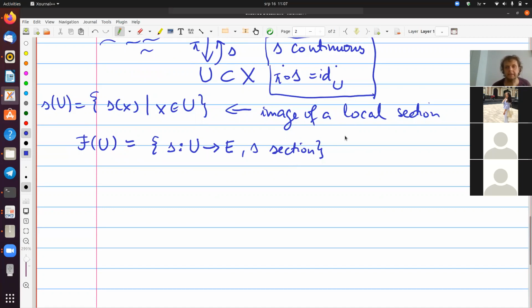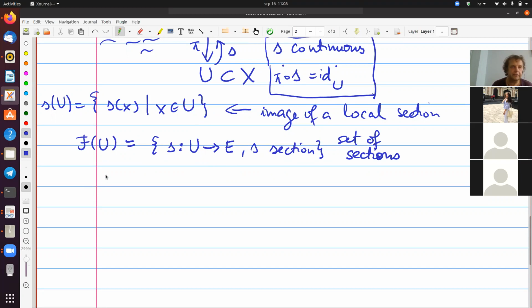And you get a space of sections. Well, it's a set of sections, but let's say set of sections for now. And then you have a restriction. You see, we have the same topic which we had with localization. We are now having restrictions.